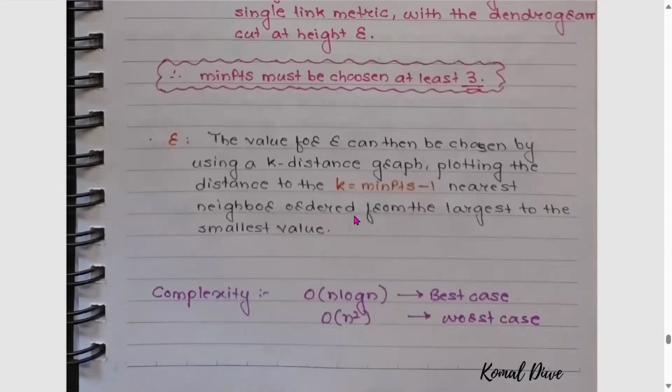The value for epsilon can then be chosen by using a k-distance graph, plotting the distance to the k-th nearest neighbor ordered from the largest to the smallest value.